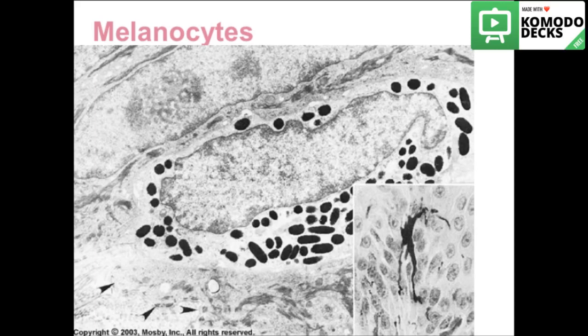They are dendritic and have long processes as marked by the black arrows. We see the melanosomes, which contain the melanin pigment, also.